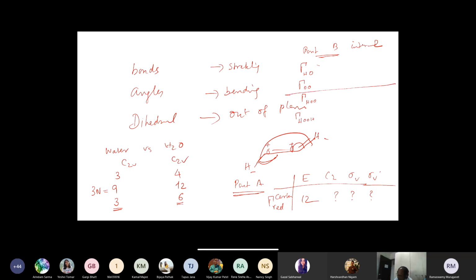These two will give me information about the stretching vibrations. And this will give me information about the bending vibrations. This will give me information about out of plane vibrations. Even within the stretching, I can find out what is the symmetry of the OH stretch and what is the symmetry of the OO stretch, because you will have 4 reducible representations.